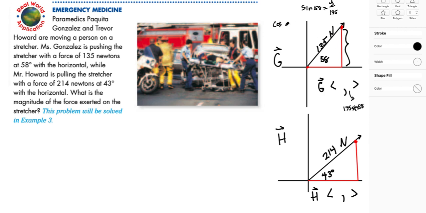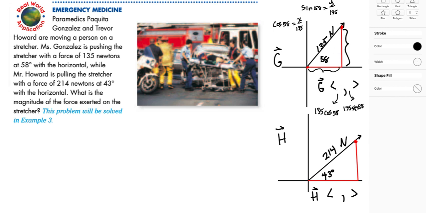Similarly, I know that the cosine of this angle, 58 degrees, is going to be adjacent over hypotenuse, or x over the 135, and therefore to find this value here, I'm going to have to multiply 135 by cosine of 58 degrees, and I'm going to get that x value.